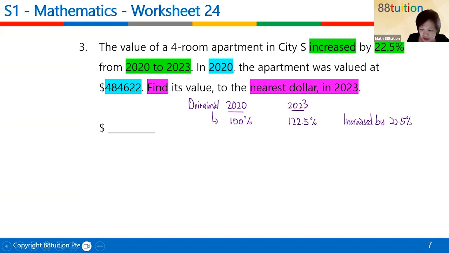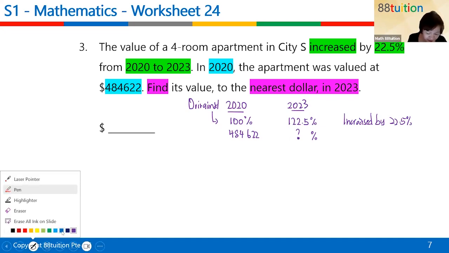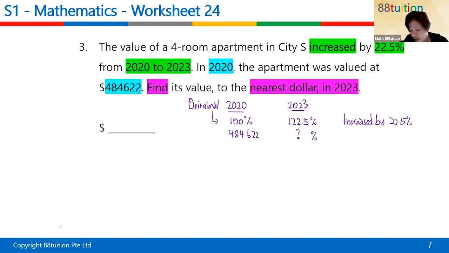So in 2020, it is 484,622, right? So you're now required to find what is the value now in percentage for 2023. For those students who have been with me for a while, you will understand what I mean by the word overhead bridge. Overhead bridge is one of my ways to remember how to use a shortcut.